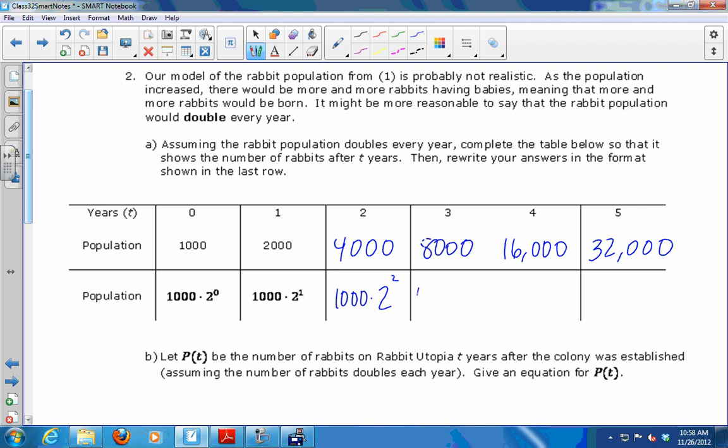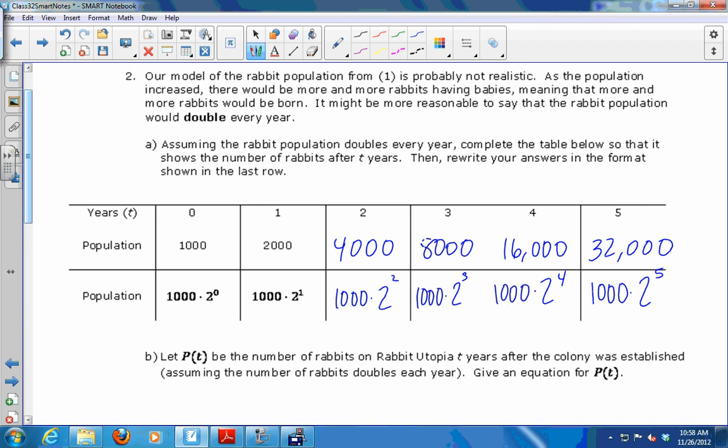And 8,000 I could rewrite as 1,000 times 2 cubed, because 2 cubed is 8, so this says 1,000 times 8, gives me 8,000. 16,000 I could rewrite as 1,000 times 2 to the 4th, because 2 to the 4th is 16. And 32,000 could be 1,000 times 2 to the 5th. 2 to the 5th is 32.